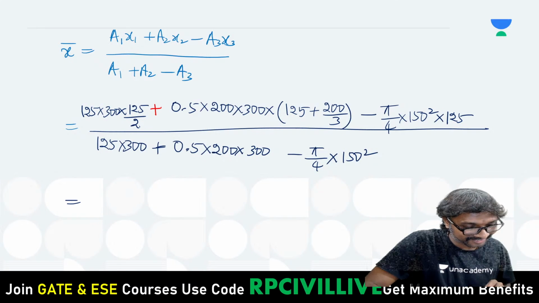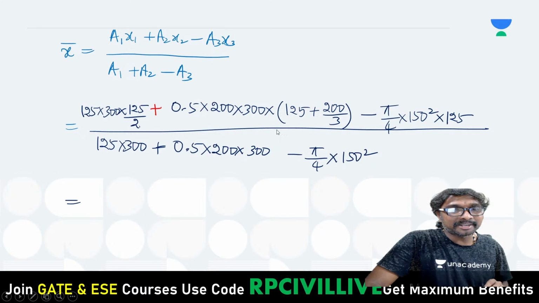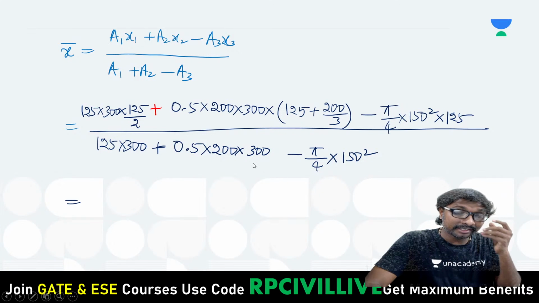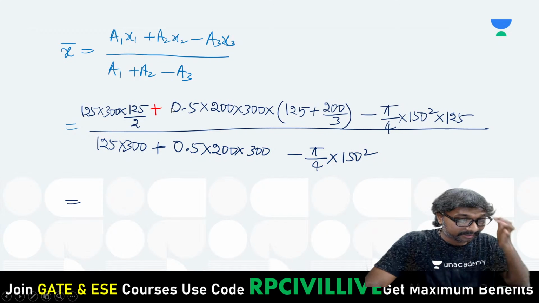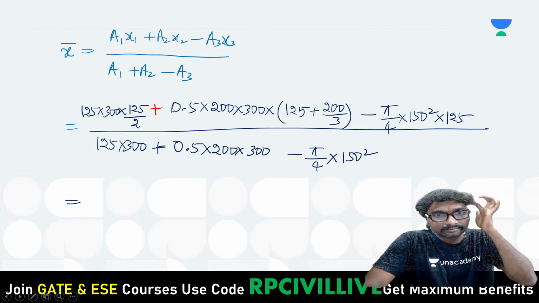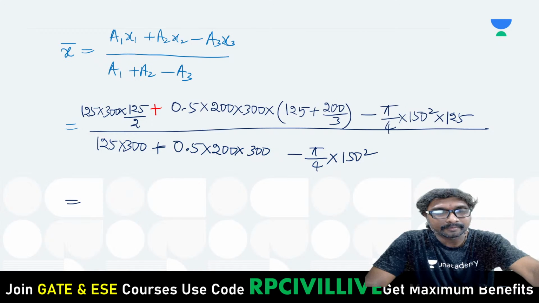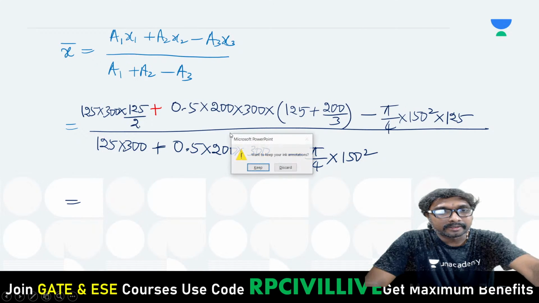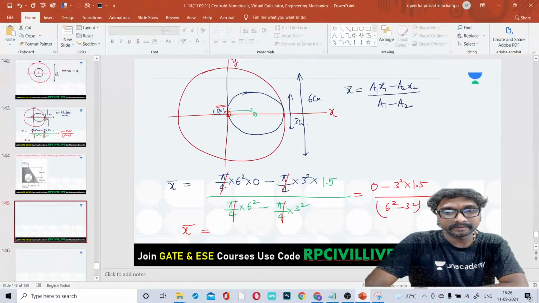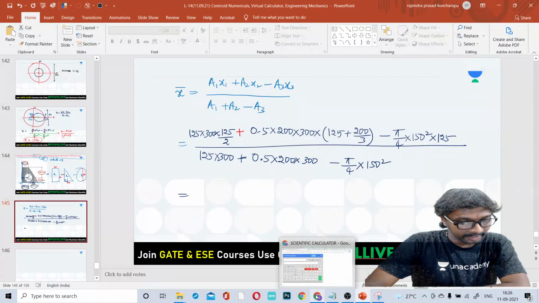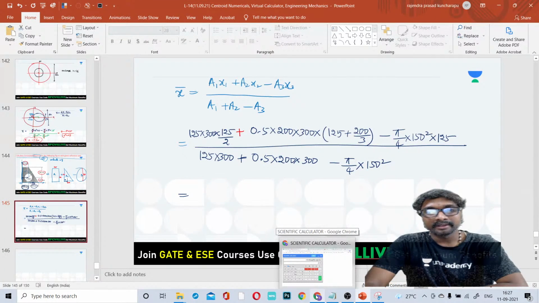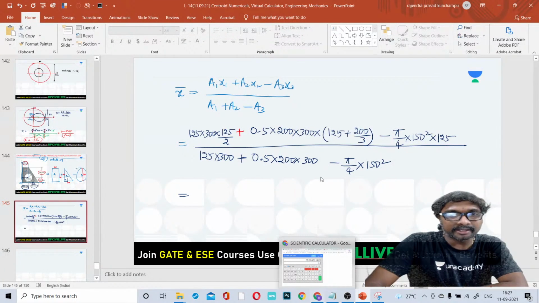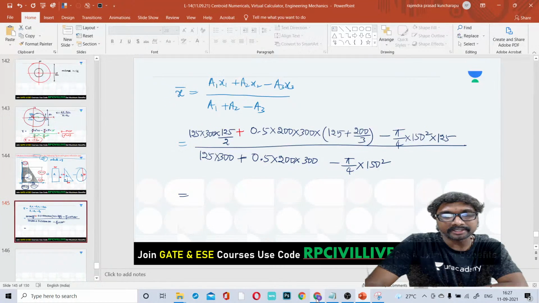Denominator? Okay, right. First the denominator we will solve, then we'll store this value. After that we'll calculate it, okay? Otherwise we will go with the numerator first, that is better.